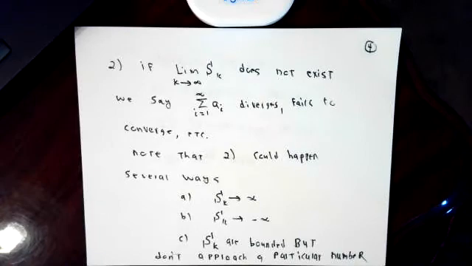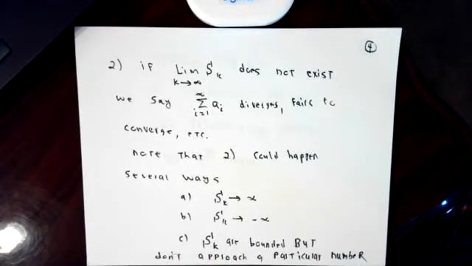Now, if that doesn't happen, that means the limit of the S_k numbers doesn't exist. If that happens, regardless of the details of how that limit fails to exist, we'll say that the infinite series diverges, fails to converge, doesn't exist, and so on. There are several ways that this could happen.